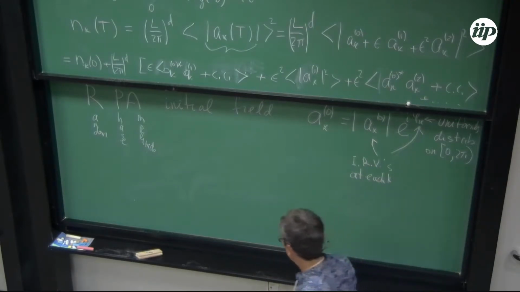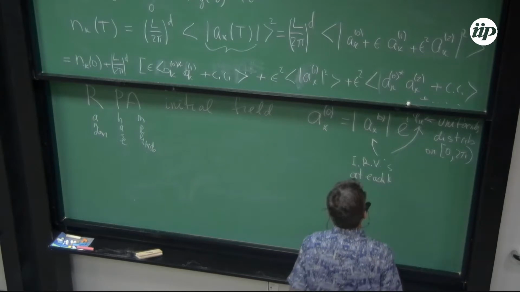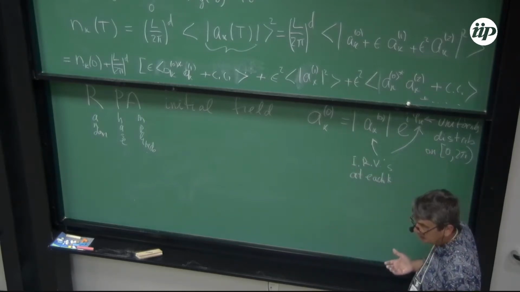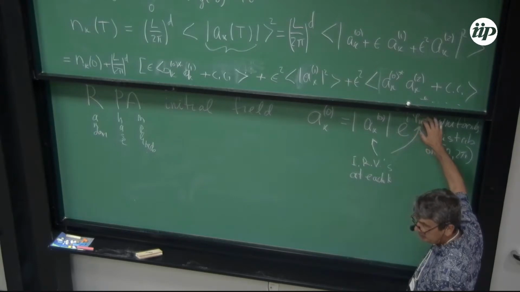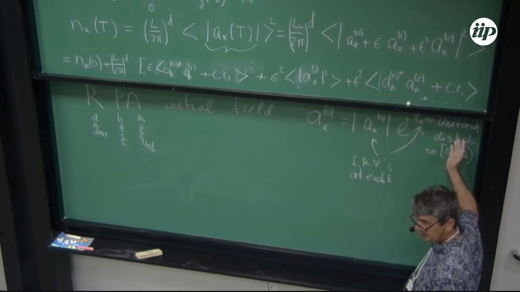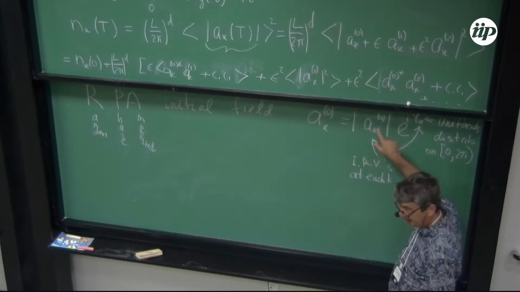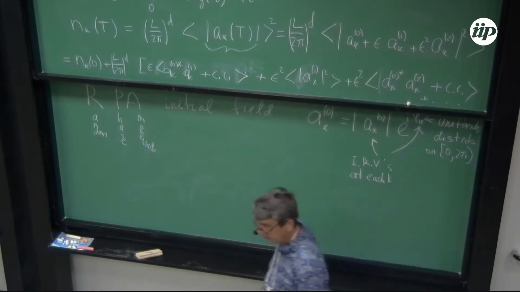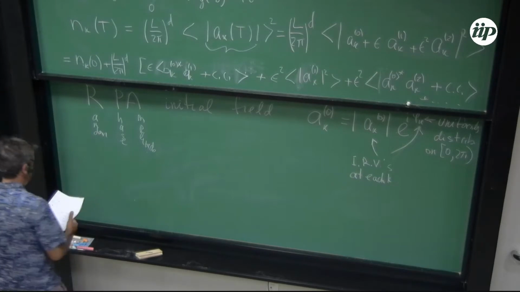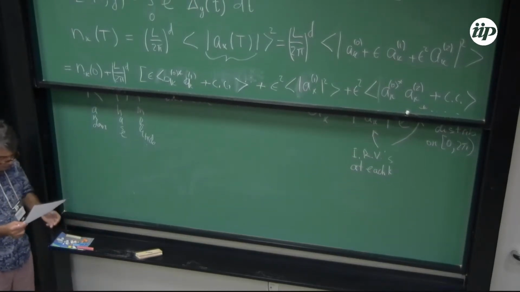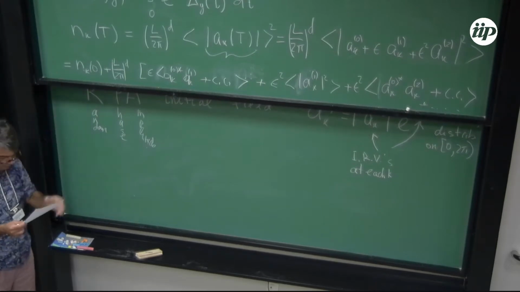So you see, this assumption concerns not only phi's, not only phi's being independent random variables uniformly distributed, but also the amplitudes. That will be important. Something that is not always realized.